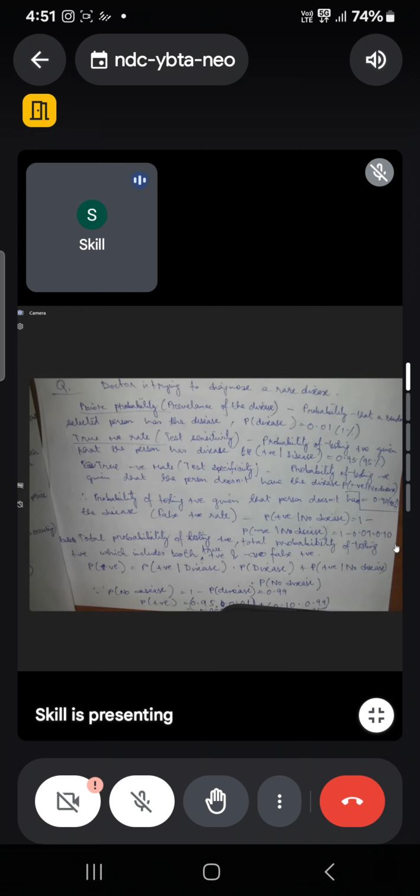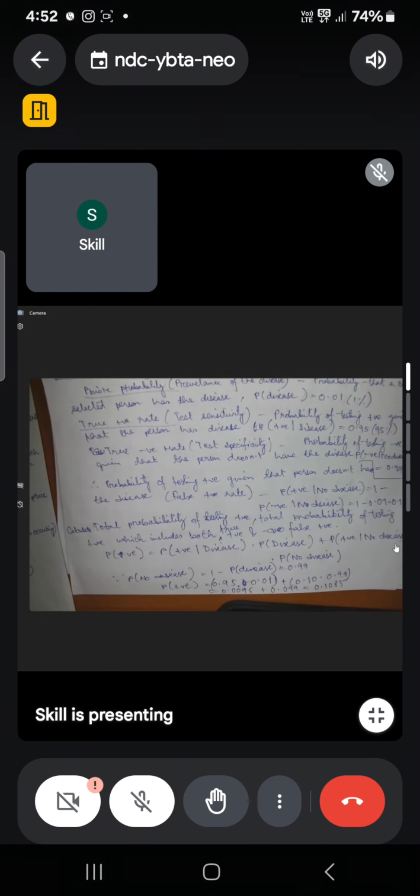So this kind of uncertainty is there: even though the person has the disease or not, there may be some situations where the test result may or may not be true. That kind of uncertainty is solved in this problem.